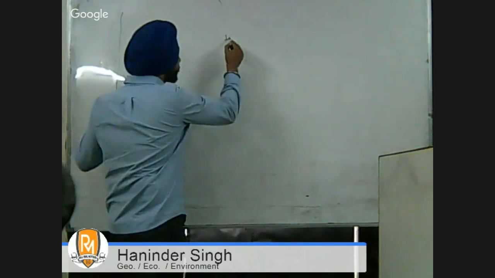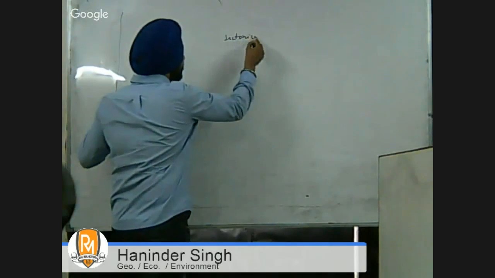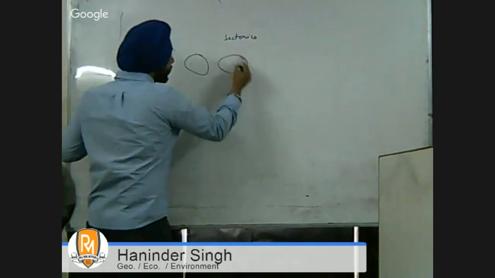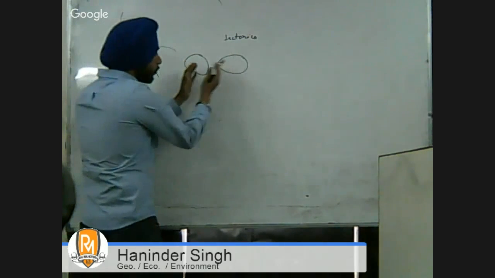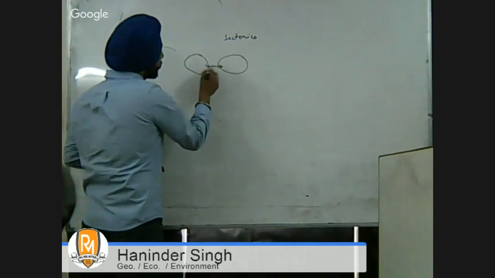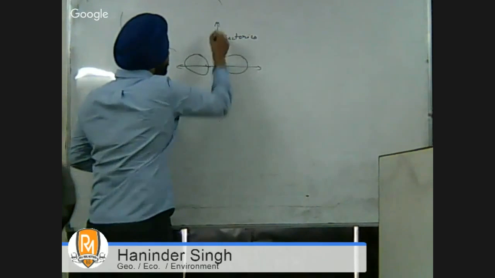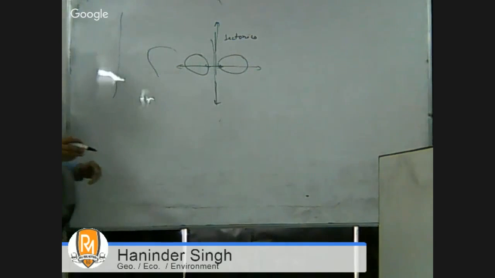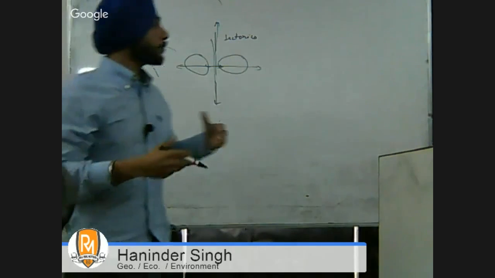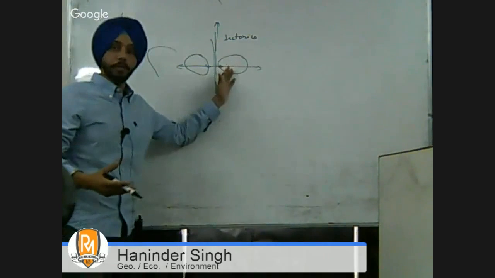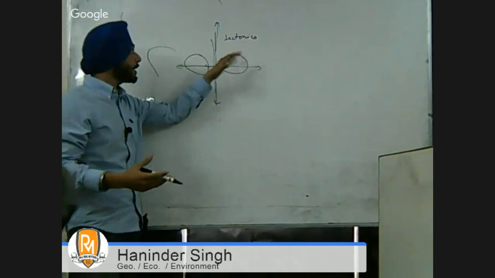Basically, what tectonics says is that the Earth's crust is divided into different plates, which are continuously moving towards each other, against each other, or in this direction. So the Earth consists of the crust, which is constantly floating over the asthenosphere. We'll be doing it afterwards. Just get an idea of what tectonics is.